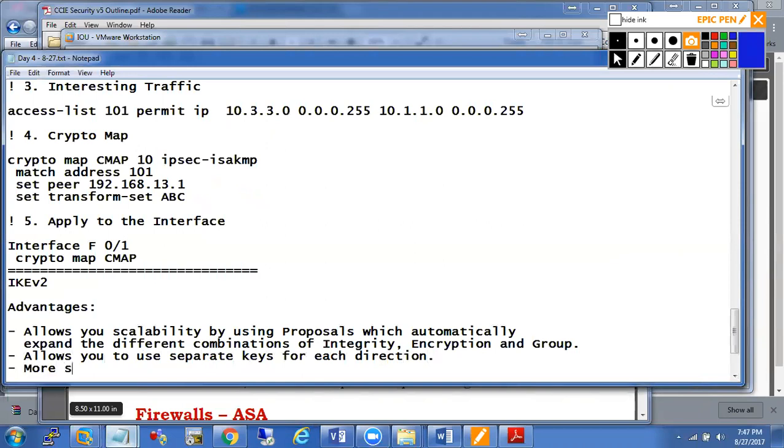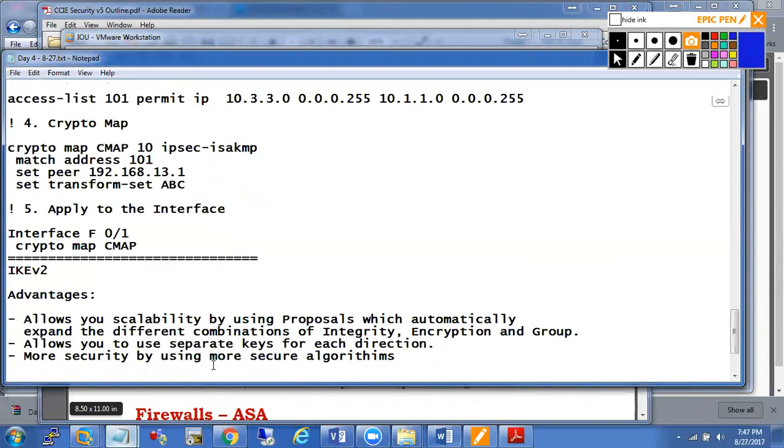More security by using more sophisticated, more secure algorithms. So I'm not limited to group 1, group 2, group 5. I have the ability to do more than 1, 2, and 5. There's 10, 14, a whole bunch more security in your session key, or for that matter for your encryption, or for that matter for your hashing, the integrity.